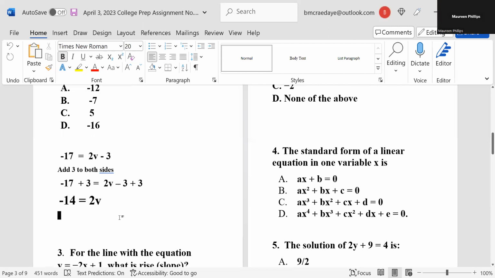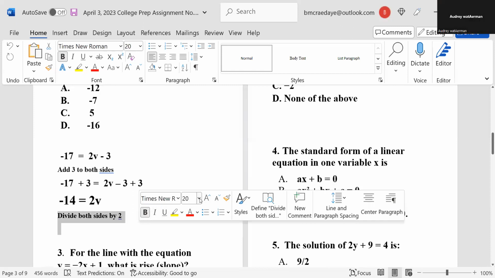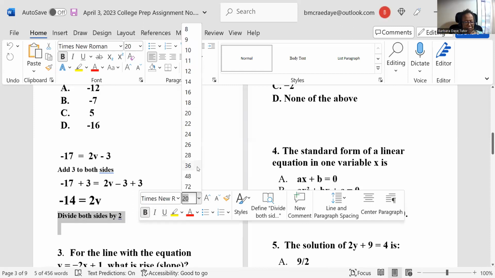2v is multiplication. 2 times v. Right. Yeah, that's right. So you divide both sides by 2. And what would that give you, Audrey? 7. Plus or minus?